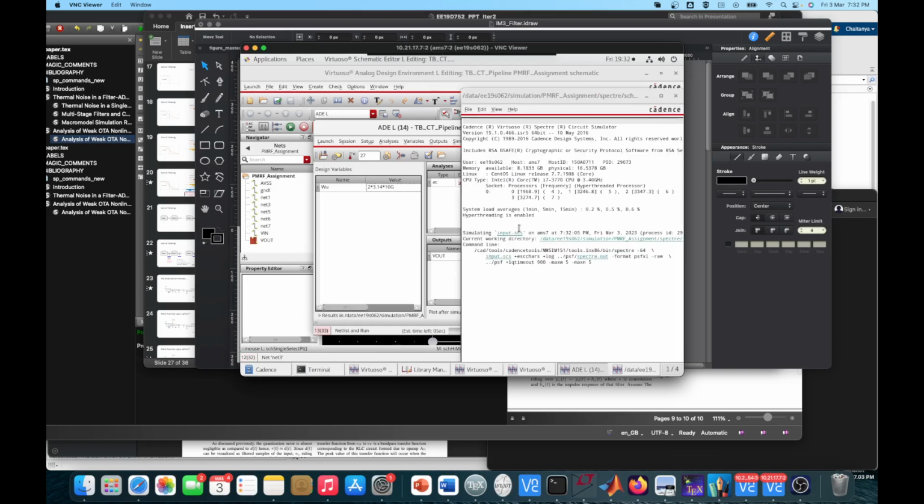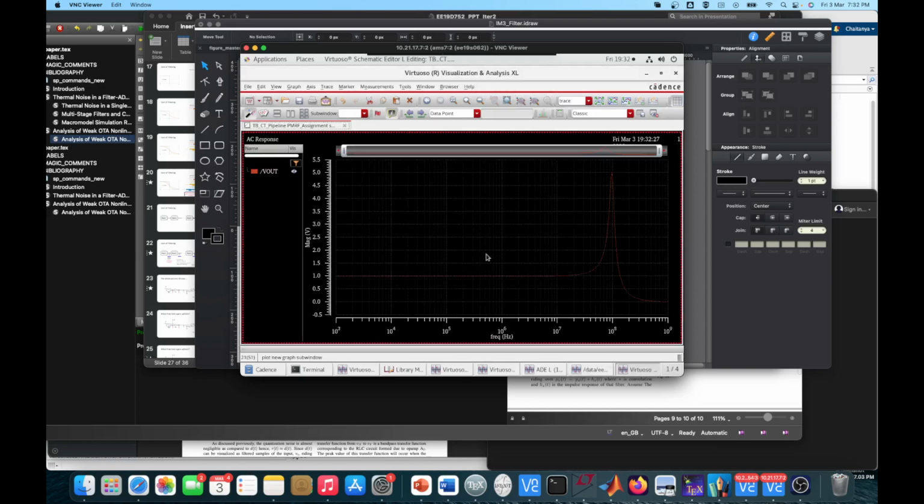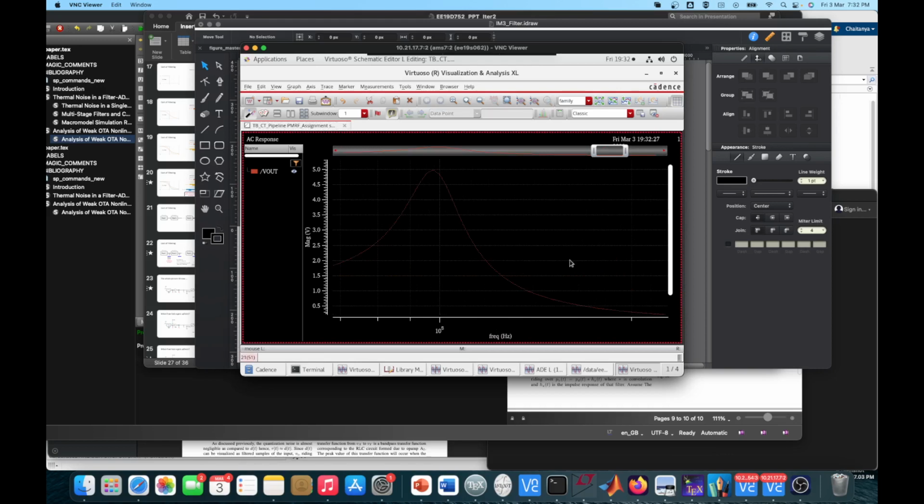So we will simulate it again and see. You can see that your quality factor is restored to a value around 5. Is this clear to you? So this concept of pre-distortion is clear to you?